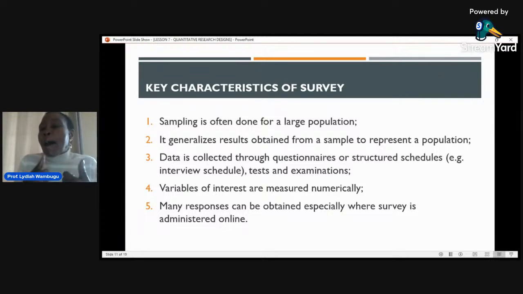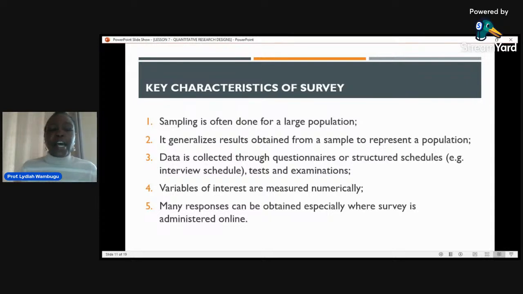This means a population that will give you a sample of at least 30. Why? Because we know that that is the only way we can do meaningful statistics. So if you're doing statistics of less than 30, then you will get statistics that will be a bit misleading. So that is why there is a central limit theorem. So sampling is often done for a larger population. You draw a sample using random sampling.